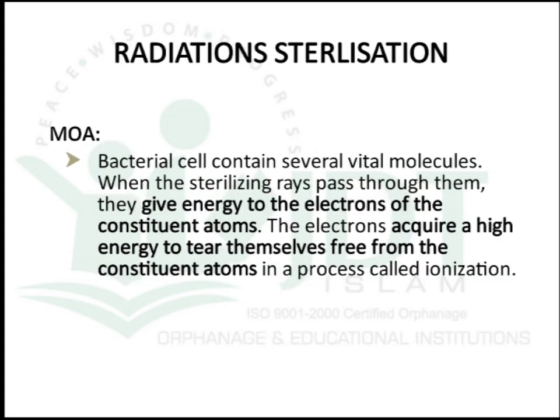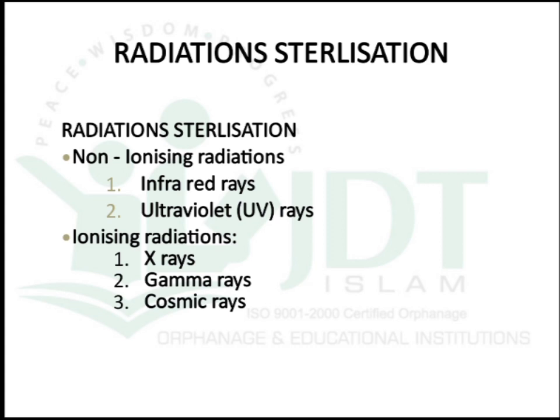Now coming to the mechanism of action of radiation sterilization. A bacterial cell contains several vital molecules. When the sterilizing ray passes through them, they give energy to the electrons of the constituent atoms. The electrons acquire high energy to tear themselves free from the constituent atom in a process called ionization.